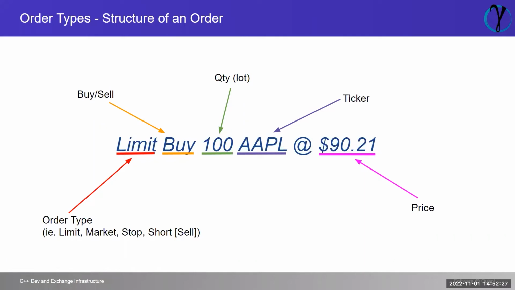Quantity in lots, and ticker is your symbol. And then the price at which you want to execute, okay? Another name for price on the order book is what we call price level. You may have a lot of people who are willing to trade at 90.21, and that's one price level, so to speak. So this is one order for 100 lots of Apple.